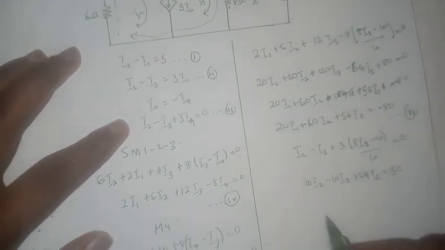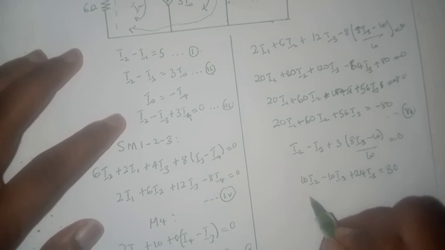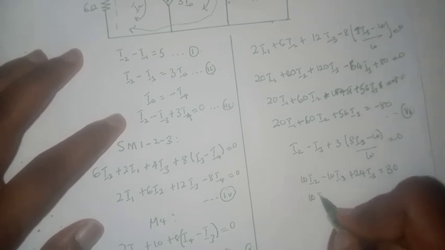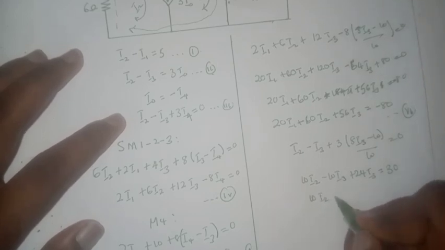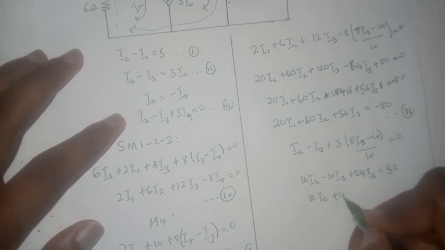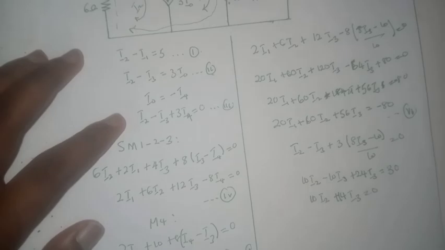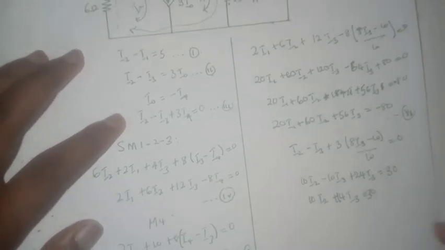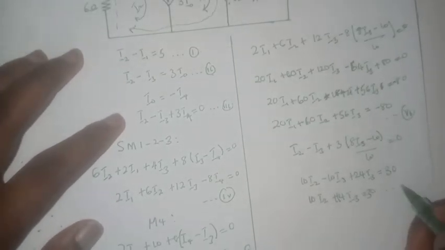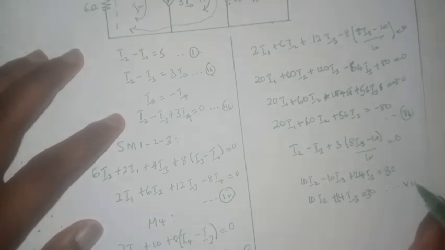And that would further simplify to 10I2 plus 14I3 equals 30. And call this a seventh equation.